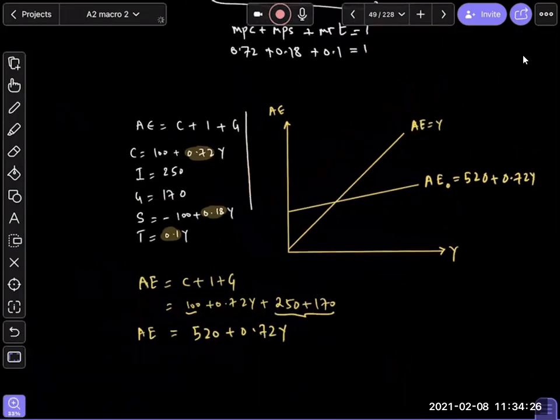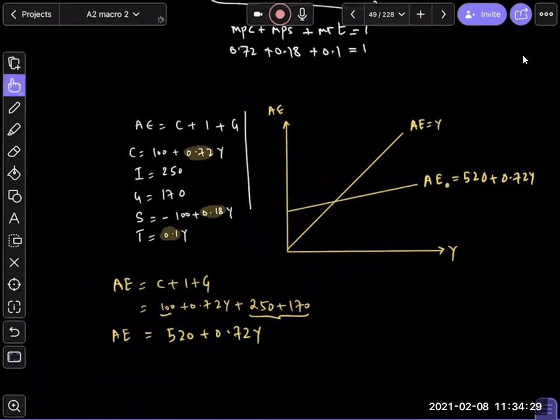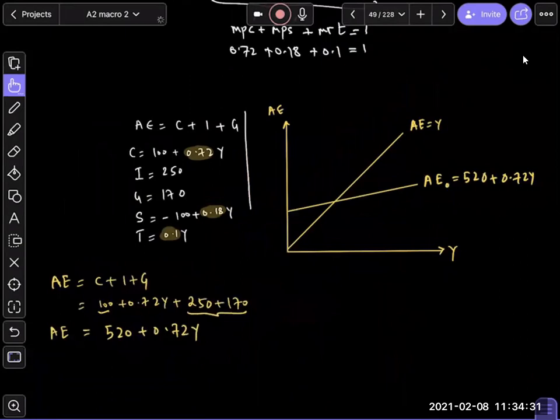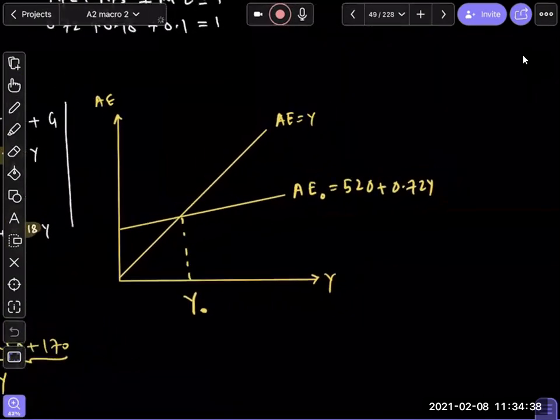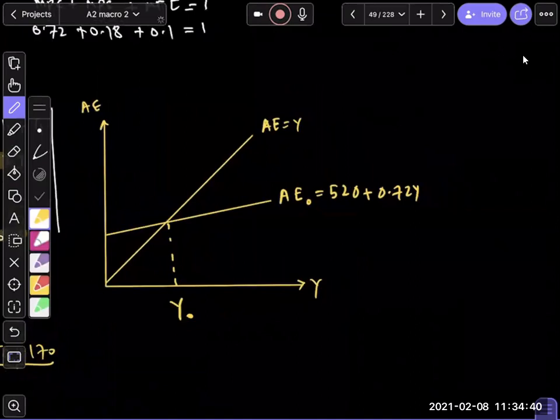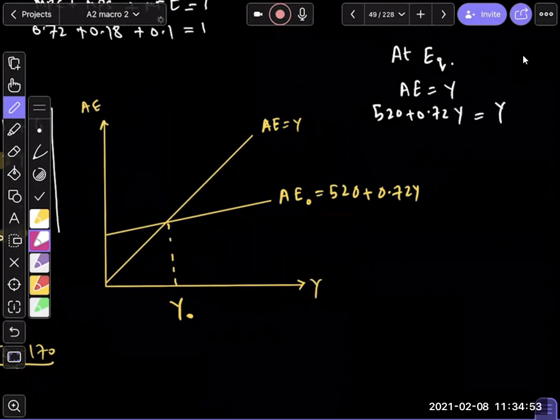Let me just also move this text on this side. Guys, how do we find equilibrium income? At equilibrium, what happens? AE must equal Y. What is AE? 520 plus 0.72y must be equal to Y. So what is Y minus 0.72y?